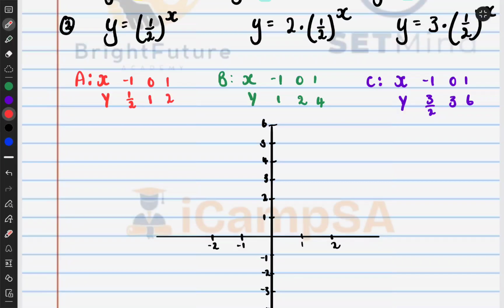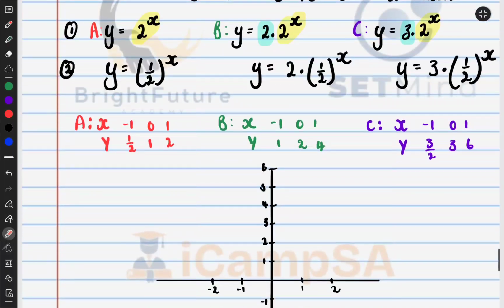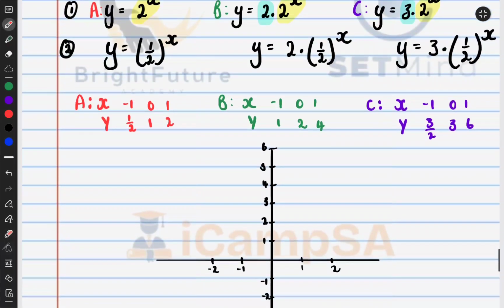Let me see if I'm still doing everything correct. Now I'm looking at these functions, and I almost thought that we were sketching for them, but we're still in number 1. I was a bit confused by that. Now it makes sense.